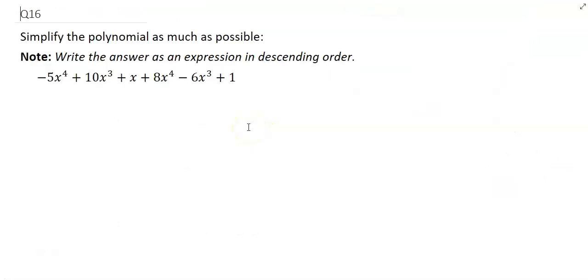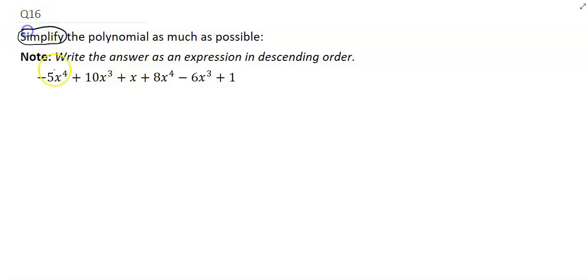Okay, now we move to chapter 4. Chapter 4 was all about polynomials, about the rules of exponents, and this is what we're going to see here. Alright, so I have a polynomial with several terms, and it asks me to simplify this polynomial.